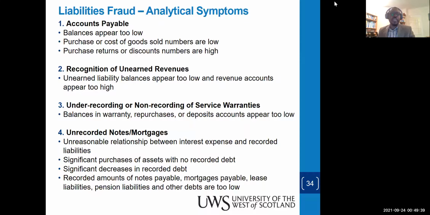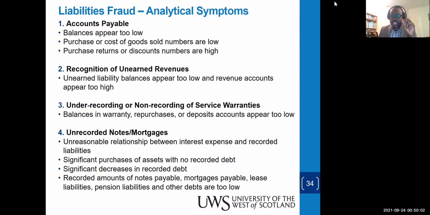Okay. So for analytical symptoms, accounts payable, we still look at these 6 items. Okay. Accounts payable, if the balances appear too low, question it. If purchases or cost of goods sold are too low, question it. They may be trying to play something tricky just to overstate income or revenue or gross profit.